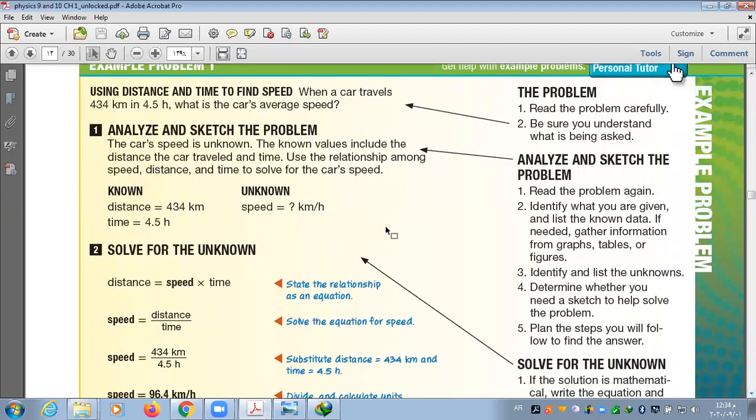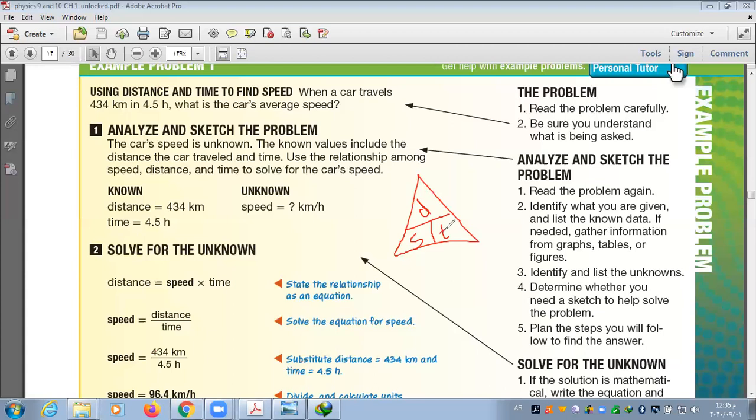As we said before, we can make a triangle for speed, distance, and time. So we can say distance D equals speed S times time T. We call this the magic triangle.